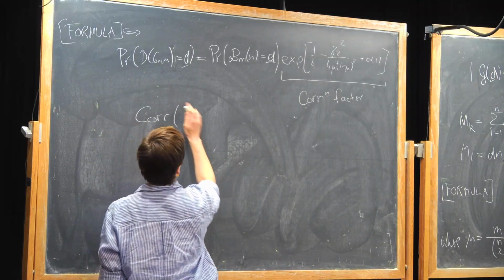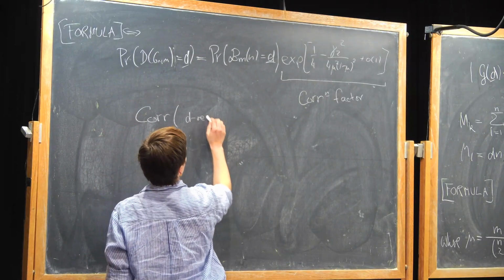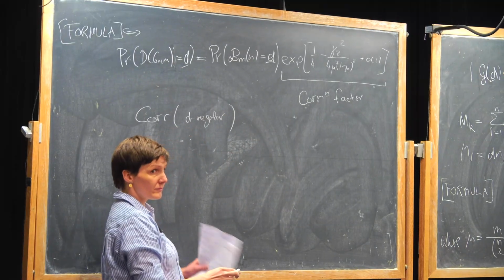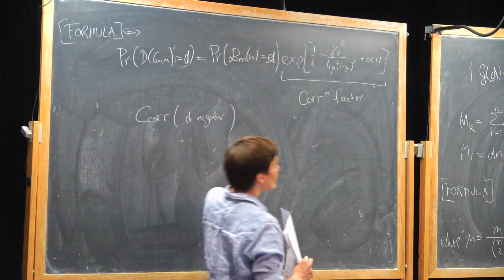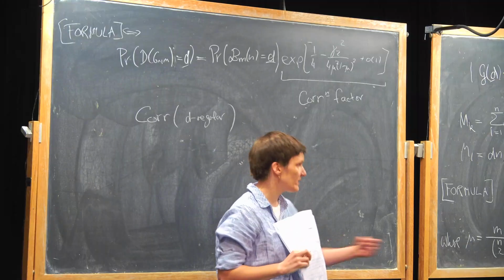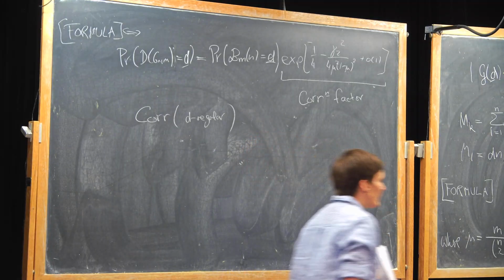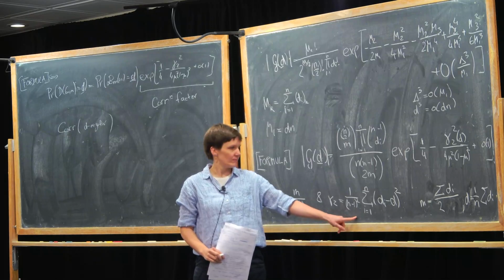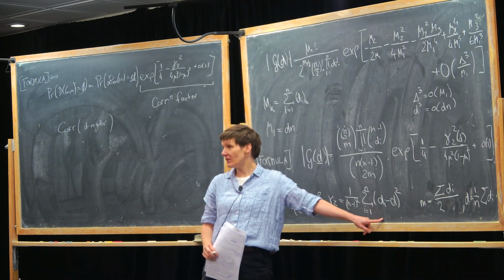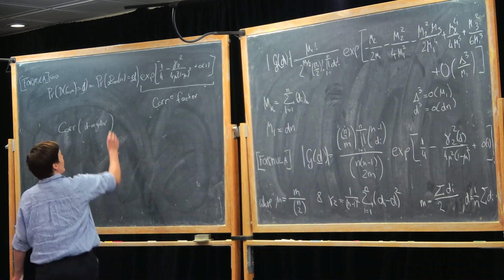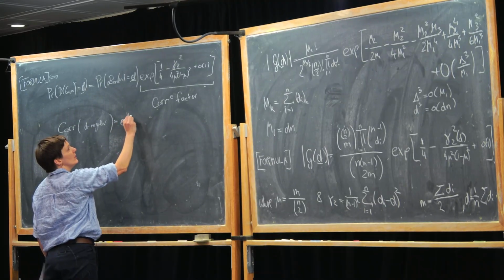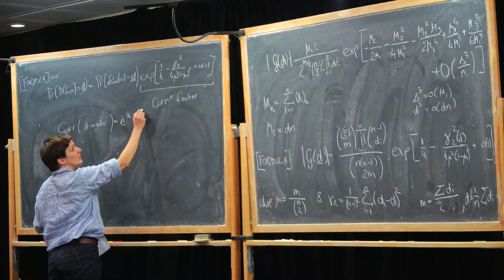So what is the correction factor for D regular? If the sequence D has just d's everywhere, then what happens to this gamma 2? It's just 0. So that is simply e to the 1/4 plus little o(1).